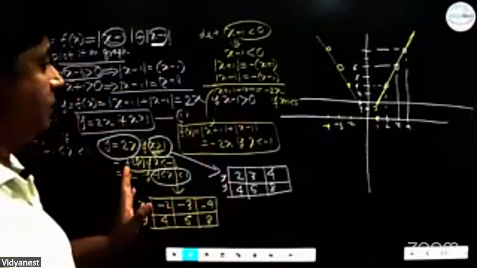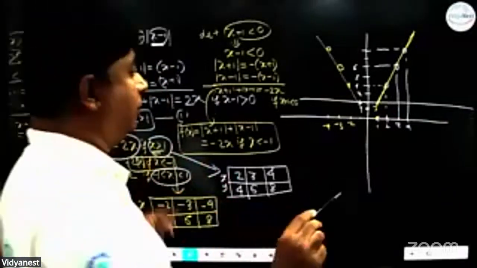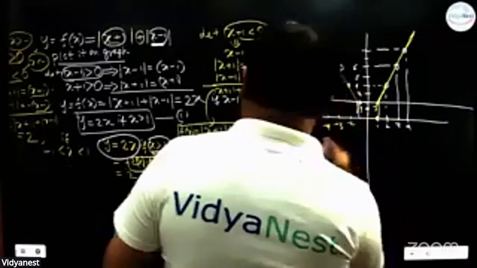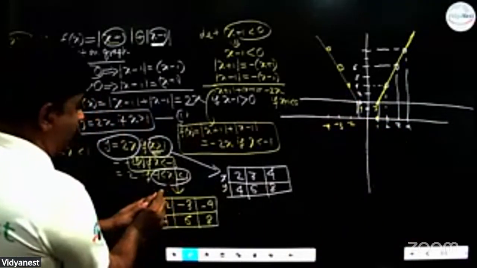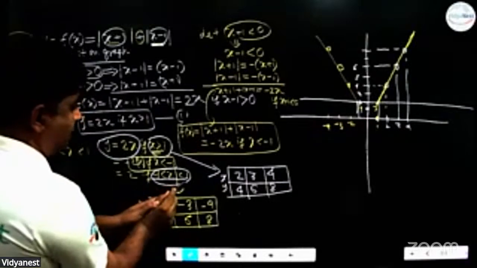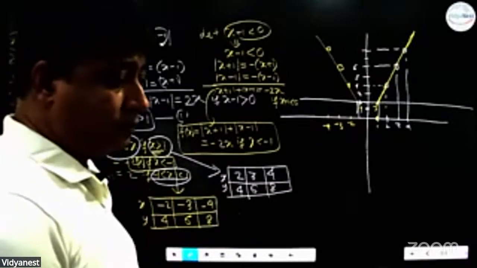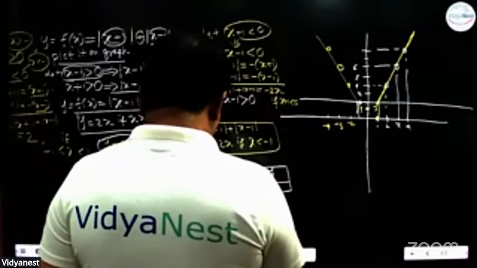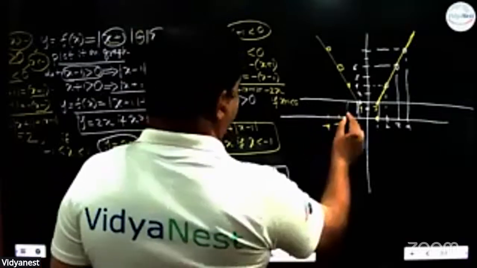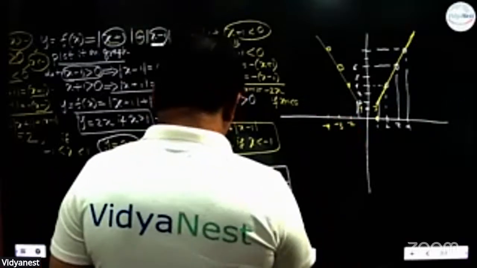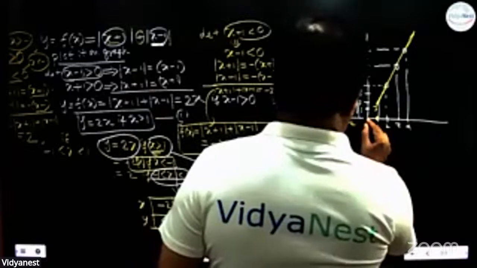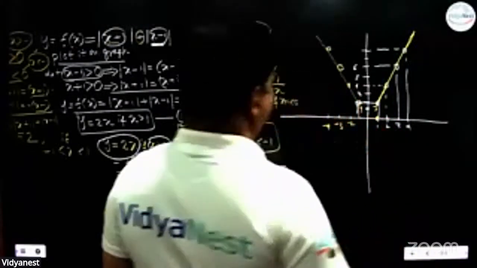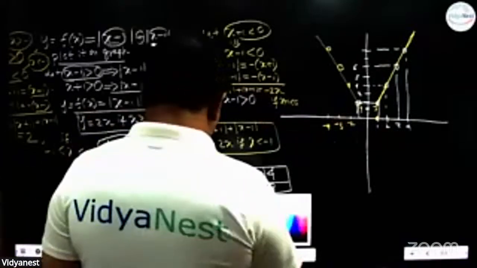But shall I take the whole line? No. The limitation of the line is given. The interval of the line is given, plus 1 to minus 1. Yes or no? So the other part will be trimmed. Only this part will remain.